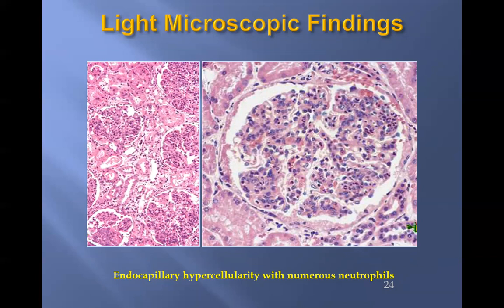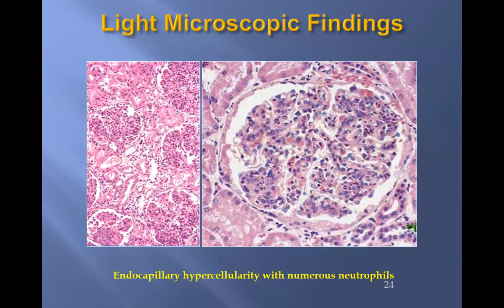All of them are hypercellular. So you can see how much cellularity is there, right? All of them, not one or two. All of them symmetrically hypercellular. This hypercellularity is either epithelial proliferation, endothelial proliferation, or leukocytic infiltration.